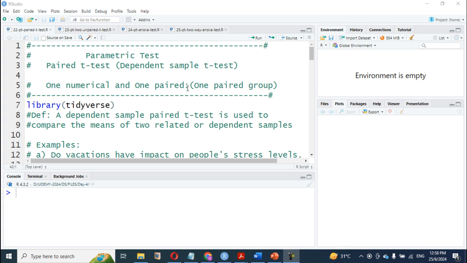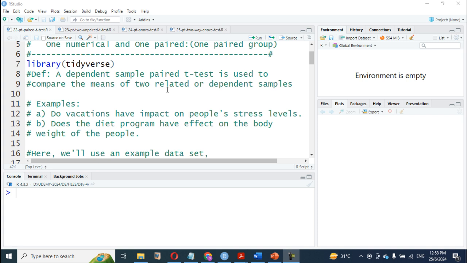Okay, it becomes dependent. For example, we want to look at whether vacations have an impact on people's stress level. Before the people go on vacation, we test their stress level or blood pressure. Then we allow them to go on vacation, the same set of people. When they come back from vacation, we test their blood pressure again and record it down.